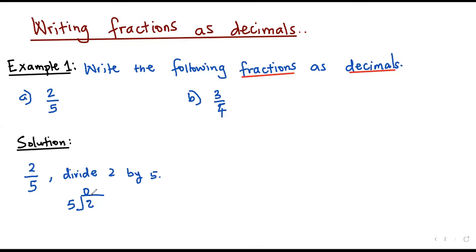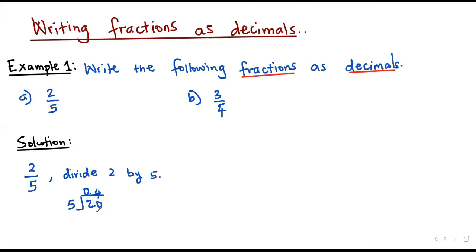When we write a 0, we put a point here. Now, we know that we can also add a 0 here, but we just look at it as 20. And now you consider 20 divided by 5. If you get 20 divided by 5, you are going to get 4, right?